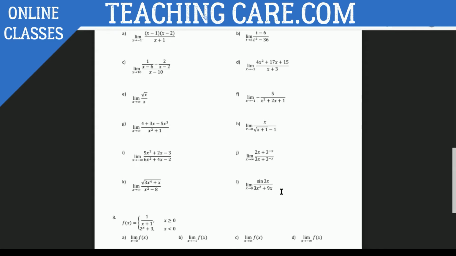I know I can factor the bottom, but how would I simplify? Sine 0 will be 0. So just give me a minute. This one is a little different. Let me calculate it. This is 3x squared, right?